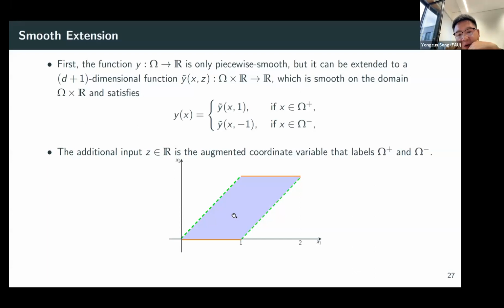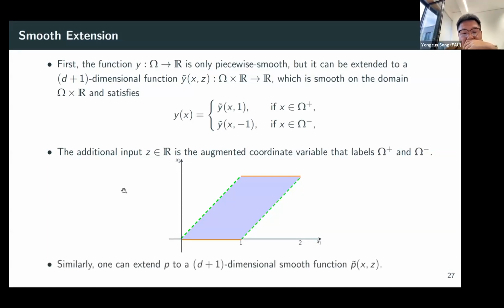If we look at these two red lines, it is a step function in one-dimensional space, discontinuous at x equals 1. But we can make a smooth extension. For example, the shadow part: we connect the endpoints, and then the shadow part is clearly a smooth surface in two-dimensional space. So the shadow part is just our y tilde(x, z). It is smooth.